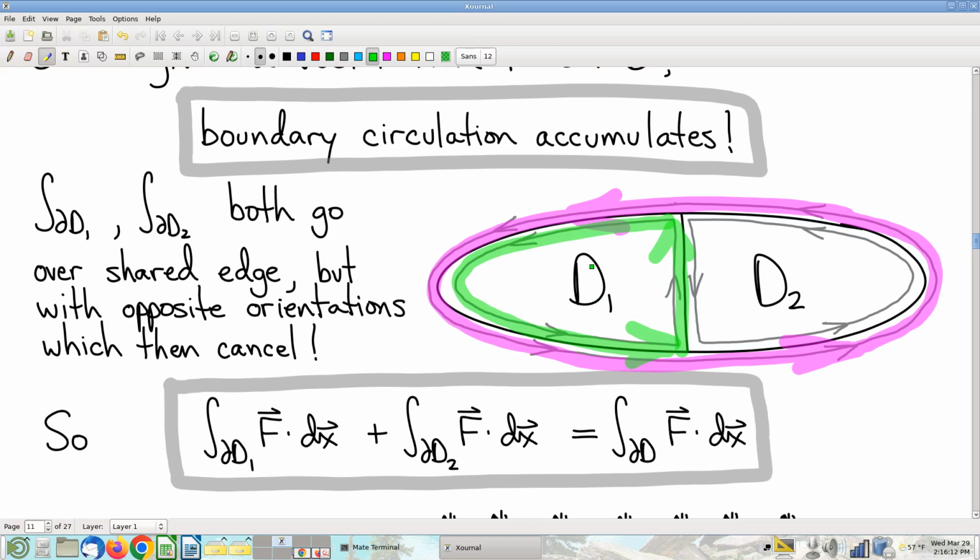Boundary circulation for the region D1 would be computed on that green curve. And then likewise for the right side, D2, boundary circulation is computed as integrals along its boundary. That's this blue right here. And again, let's ask the question, is purple equal to blue plus green?